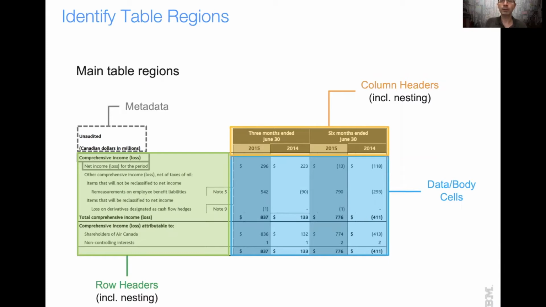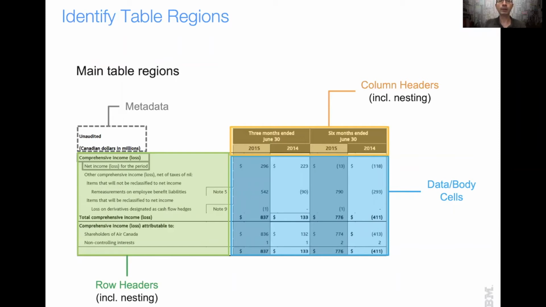Also note that both column headers and row headers may include nesting. For instance, 2014 appears nested within 6 months ended June 30th, and net income or loss appears nested within comprehensive income or loss. For now, we will ignore nesting, but we will come back to it later on.